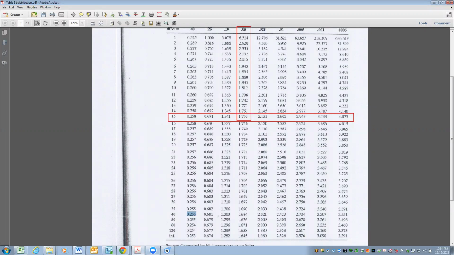Notice that it lies between two columns: 1.28 is more than 0.69, but it's less than 1.341. So I know that the p-value is somewhere between 10% and 25%.